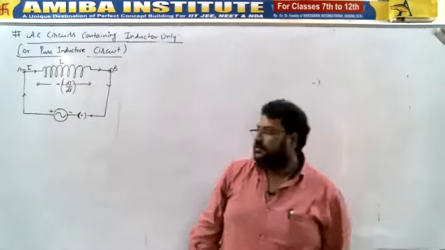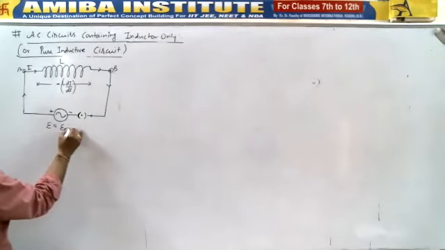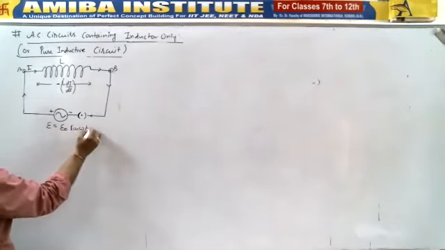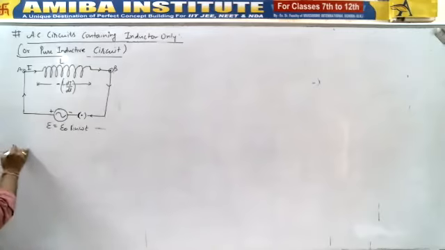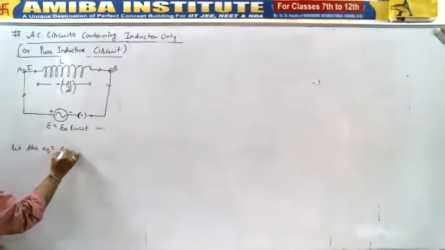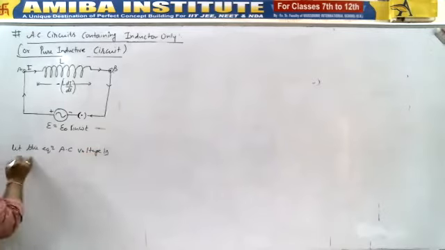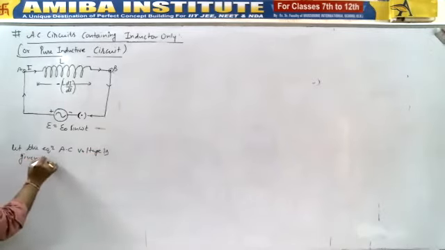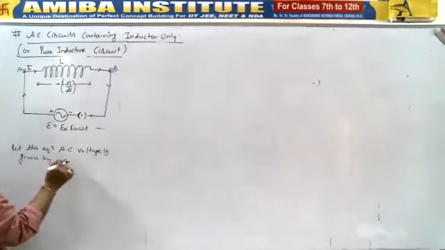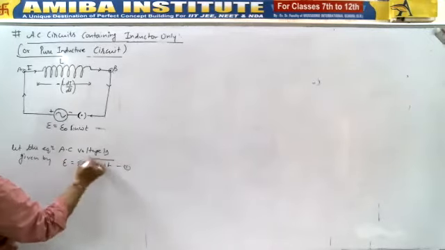Getting this? So let the equation of alternating EMF, or simply AC voltage, be E is equal to E naught sine omega t, equation number 1.